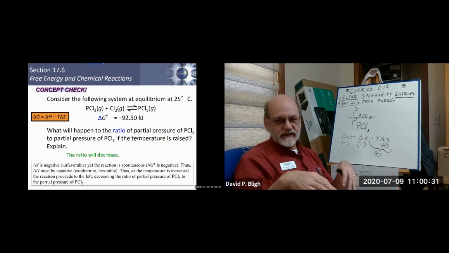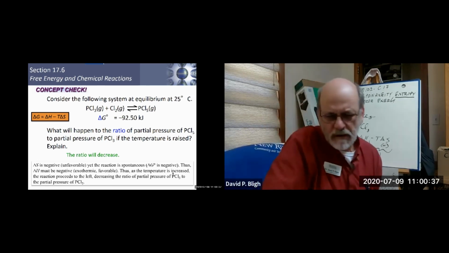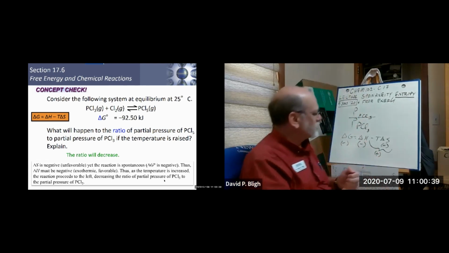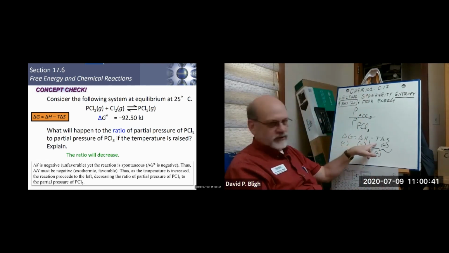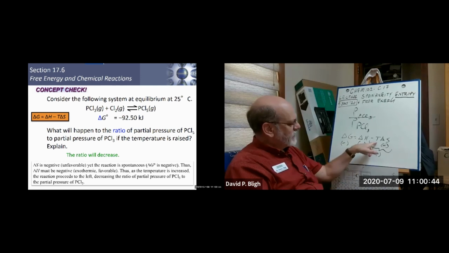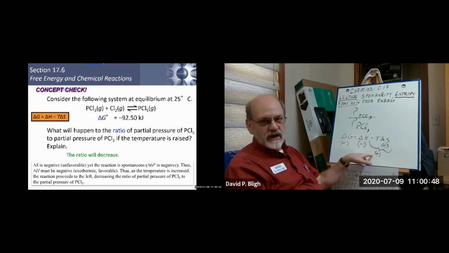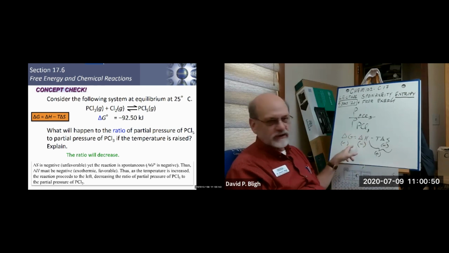As we increase the temperature, we make this one more and more positive, which you eventually reach a point where delta G is positive.